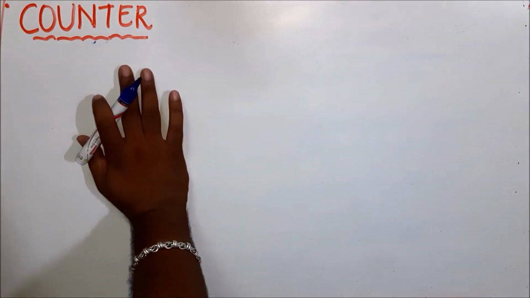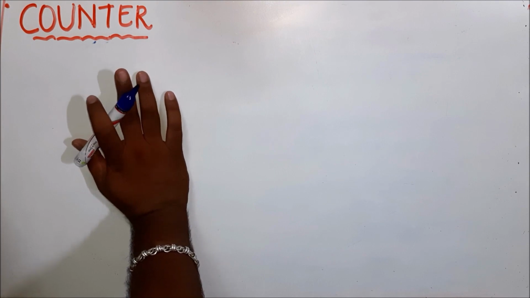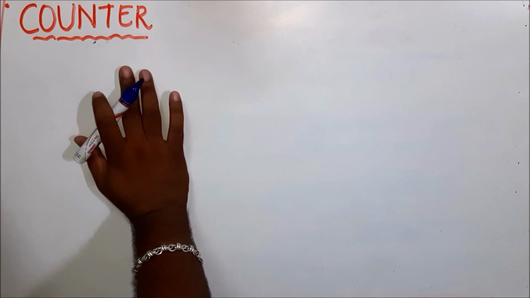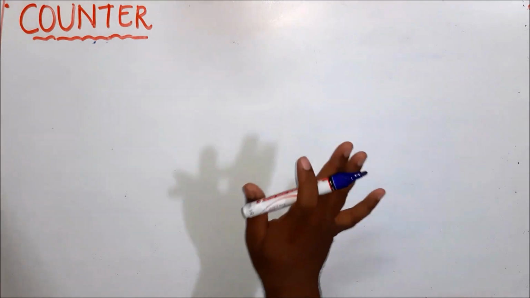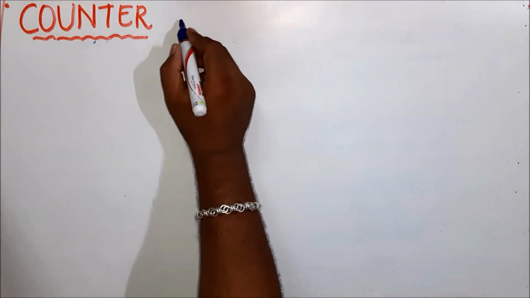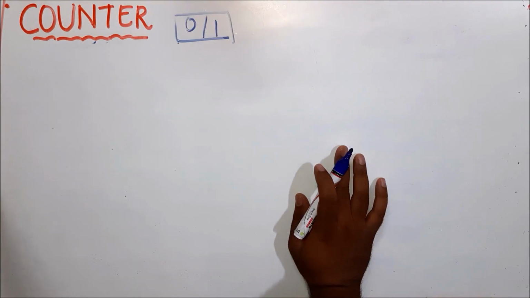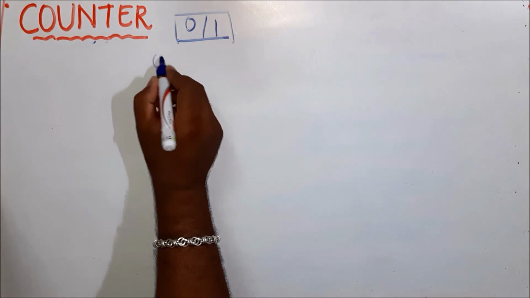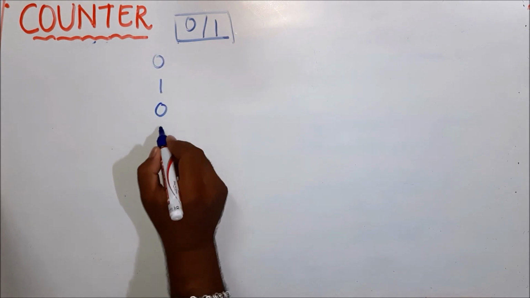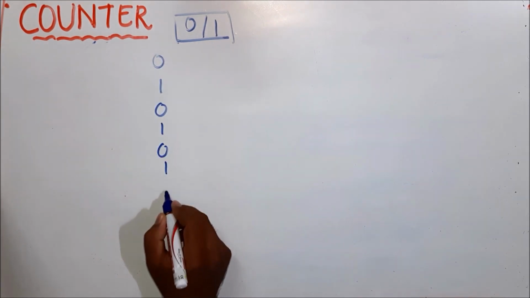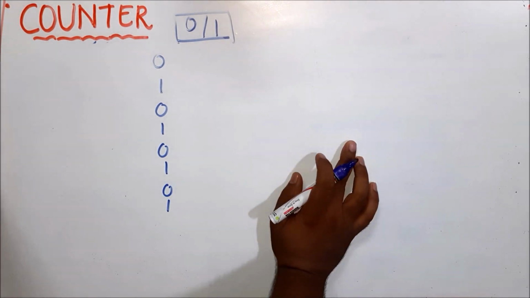We have studied the counter. That means a counter can count some sequence, but a digital circuit deals only with binary values, that is 0 and 1. So whenever we try to count, we can count like 0, 1, 0, 1, 0, 1 in this sequence.